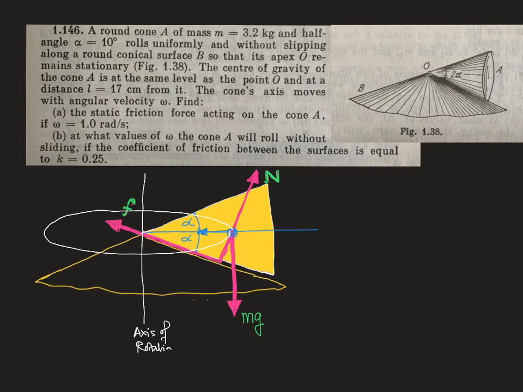So the acceleration of the center of mass of the cone is in this direction. So let A be the acceleration of the center of mass of the cone.